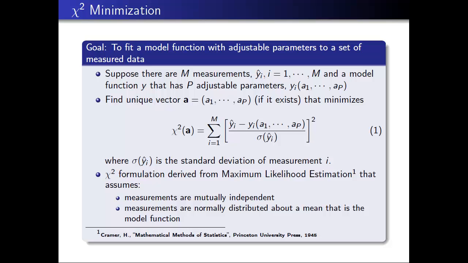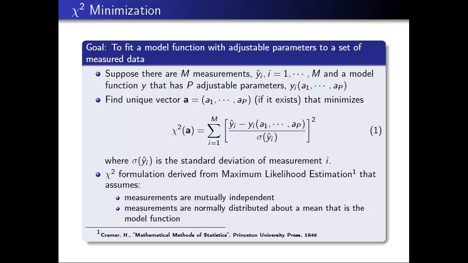So I'll go over the chi-squared minimization. The goal is to fit a model function with these adjustable parameters that you're trying to find to a set of measured data. So say you have M measurements, and I've notated them by y hat, and a model function y that has p adjustable parameters. So these parameters are your optical properties.